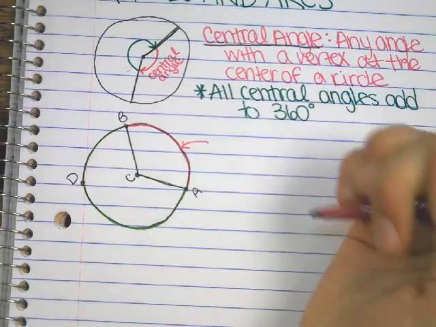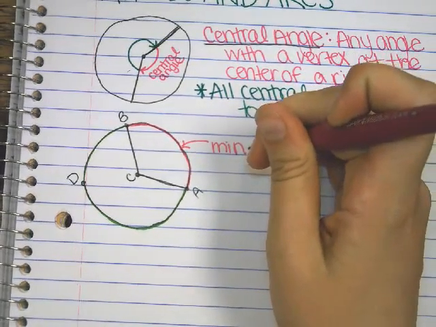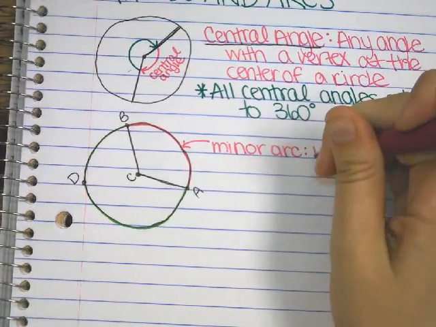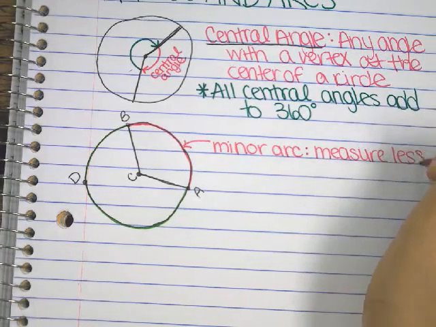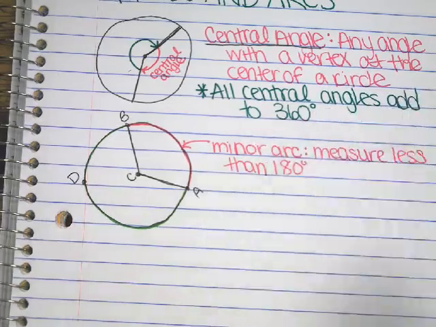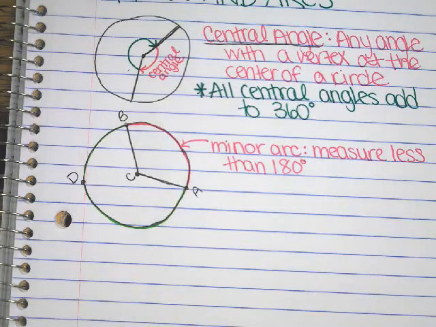Any sort of arc that we have on a circle that is less than 180 degrees is called a minor arc. Okay, so that's any arc that measure is smaller than 180. So not quite a straight line, smaller than that.